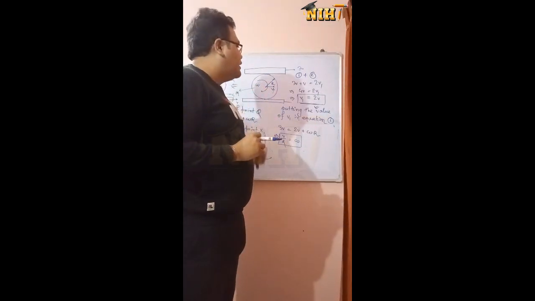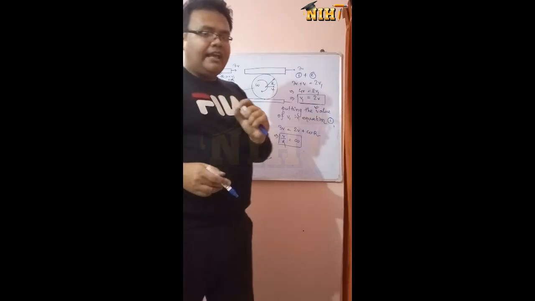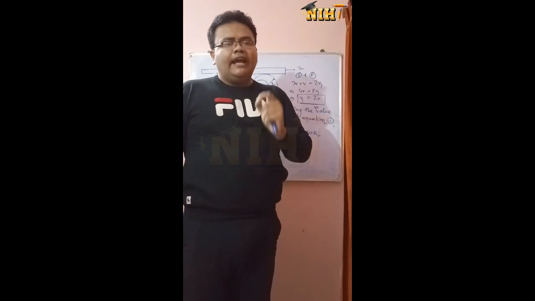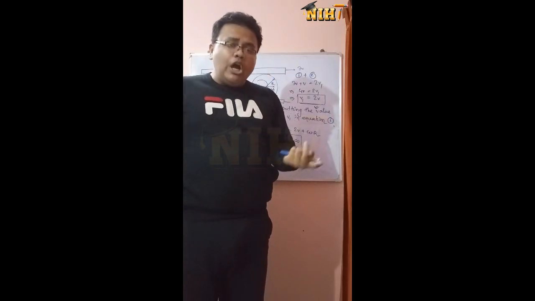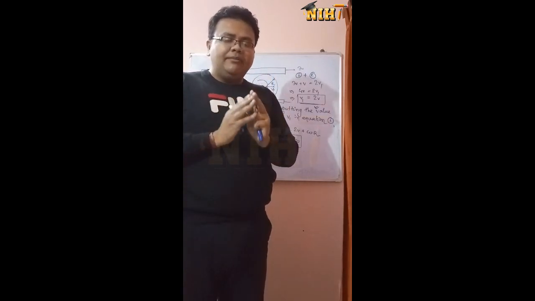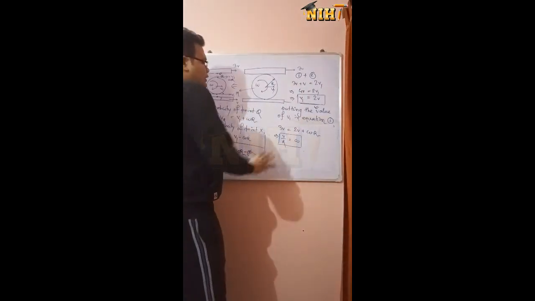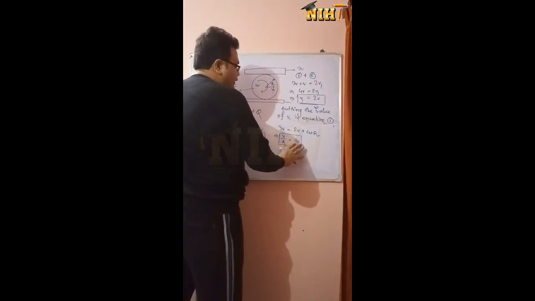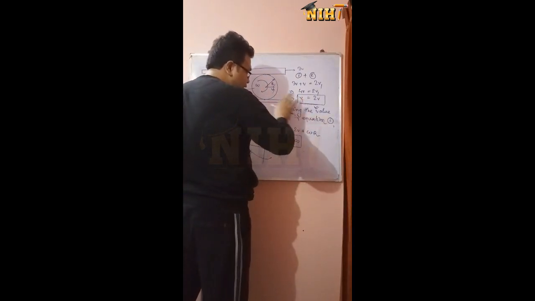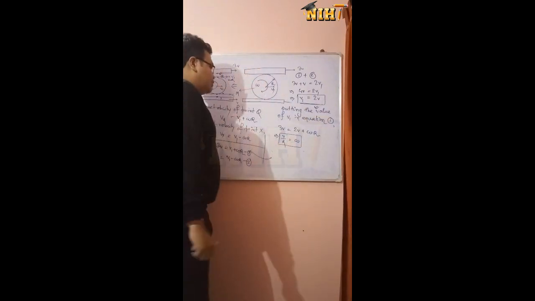If the answer comes in negative value, that means the actual direction, whether it is clockwise or anti-clockwise, should be the opposite of the assumed direction. Assumed direction means whatever direction I had taken. Okay, so the direction of the angular velocity is clockwise and the direction of the linear velocity is in the positive direction, that means in the right direction. Okay, so this is the answer.